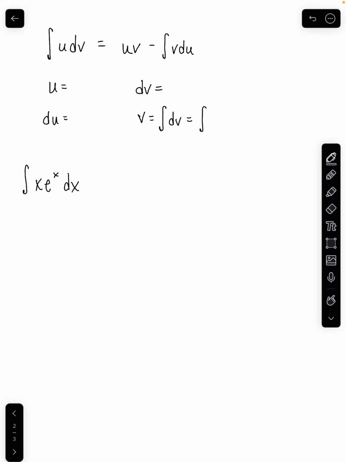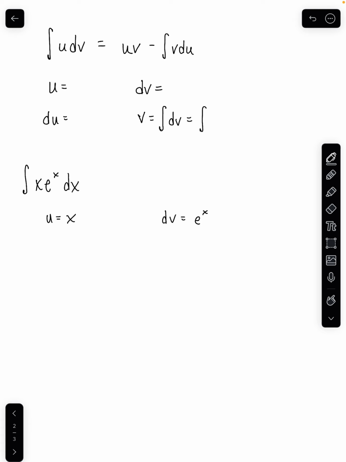On the other hand, if we integrate x, it becomes 1/2 x squared, which has increased in power and therefore gotten more complicated. So if it doesn't matter where we put the e to the x, and it does matter where we put the x, then we're going to pick it so that the x is in the place where it's going to become easier. Namely, we're going to let u equal x.